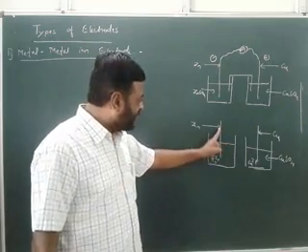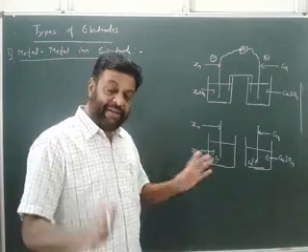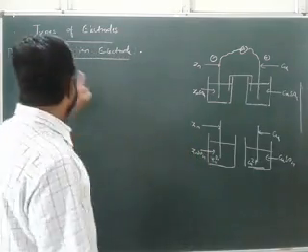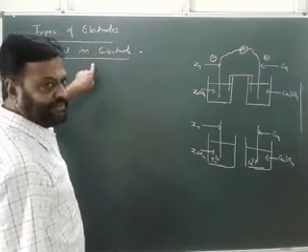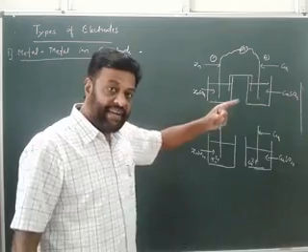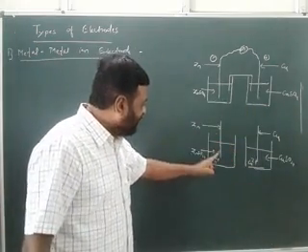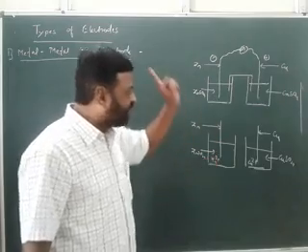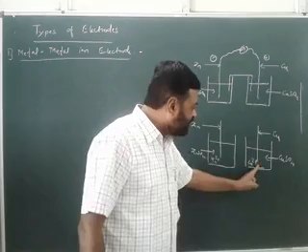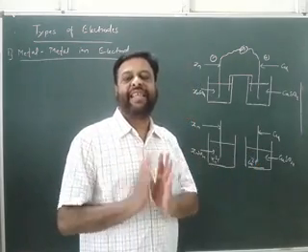The solid phase is in contact with the liquid, that is zinc sulfate. Metal ion means the metal is in contact with its own ion. Zn is dipped into the solution containing Zn 2 plus, and copper into the solution containing copper 2 plus. So this is the type of metal ion electrode.